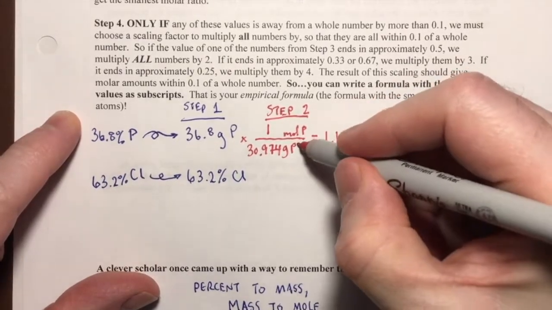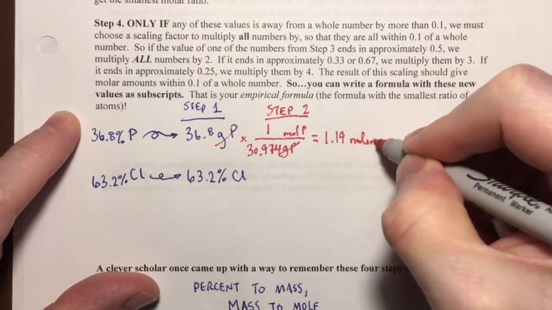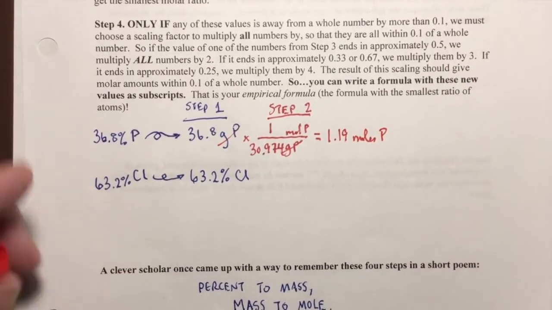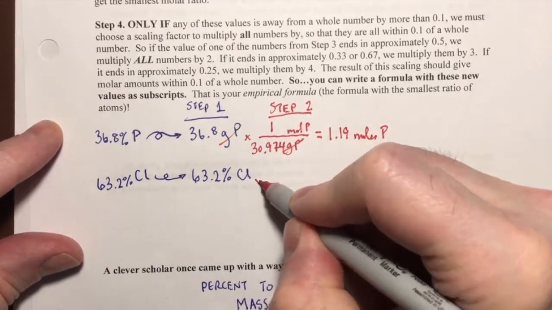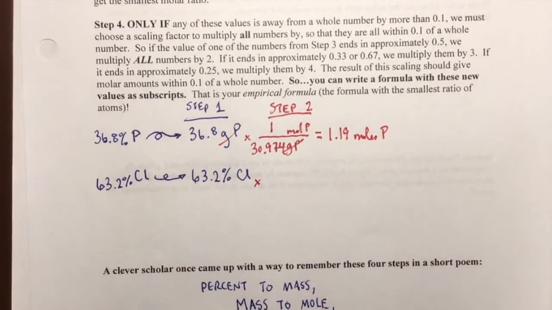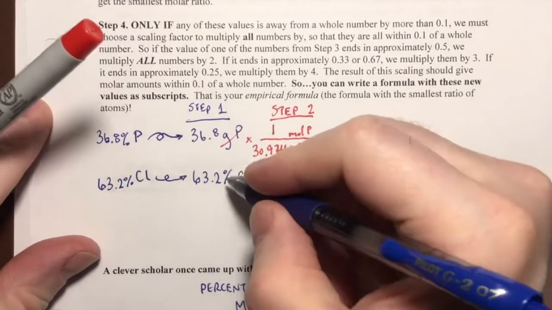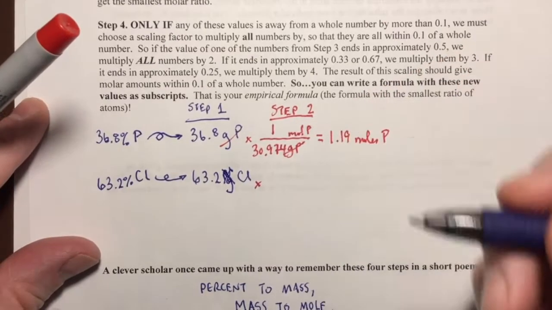And the units now are, because grams canceled, moles of phosphorus. And we're going to do the same thing down here. Oops, I'm sorry, I should have written that as grams. That is not a percentage, that is grams.